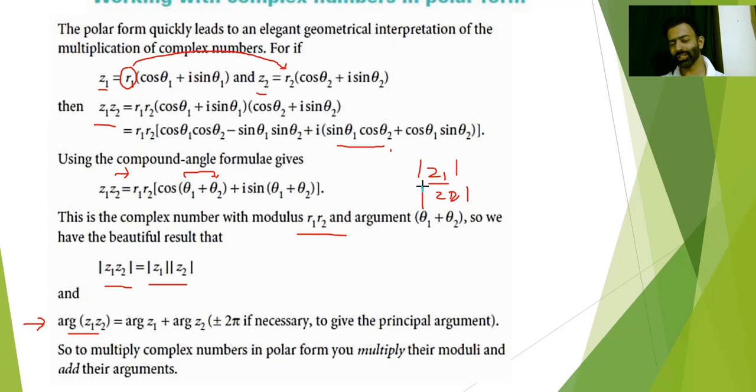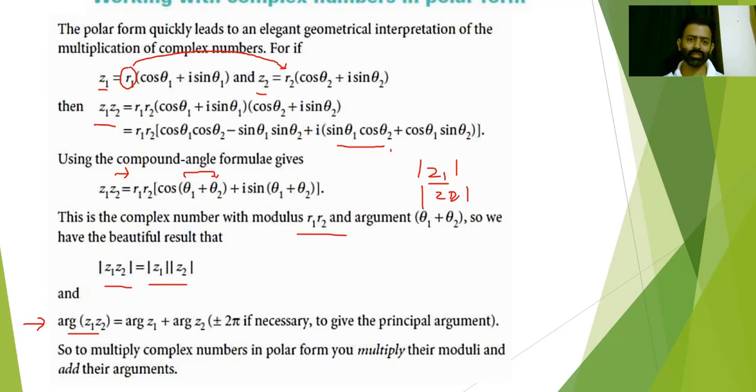From these two laws, we can say that basically the laws of logarithms can be applied to the argument of two complex numbers if they are multiplied or divided, right? This is a very important result that we must remember.